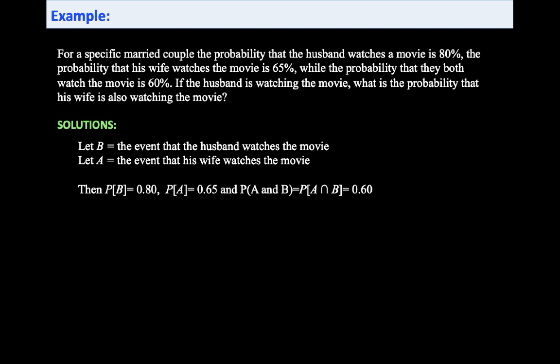Again, if the husband is watching the movie, now we know the husband already is watching the movie, then what is the probability that his wife is also watching the movie? Think this way. Suppose you don't have the first sentence with if, start from if. Then what is the question? What is the probability that his wife is watching the movie, right?